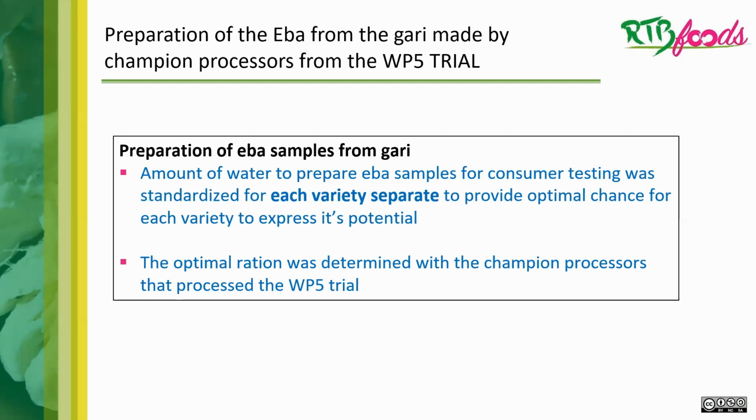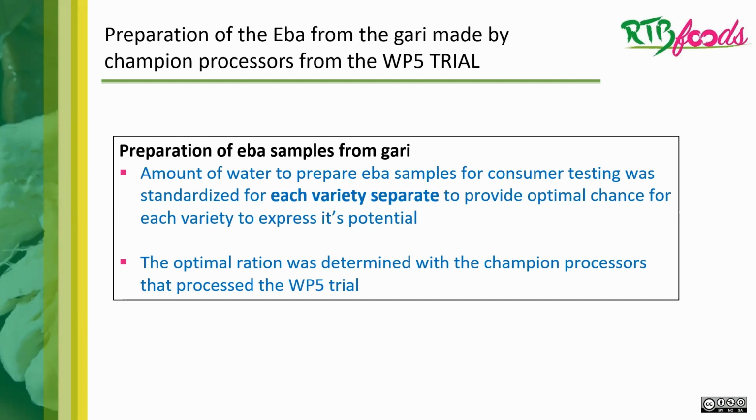So we don't standardize that overall, but as we are dealing with new varieties, we give each variety equal potential to express itself, even if it needs a different ratio, because the champion processors search for the same texture, and if they want to have the same texture with a little bit more water, then we allow that.